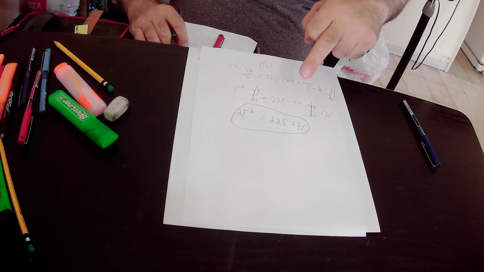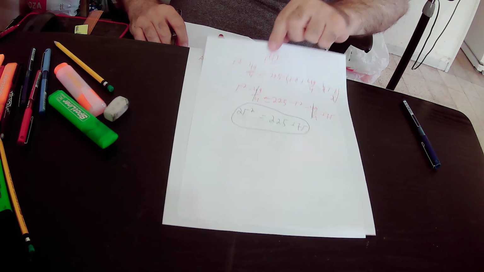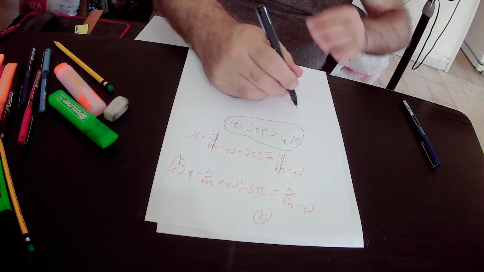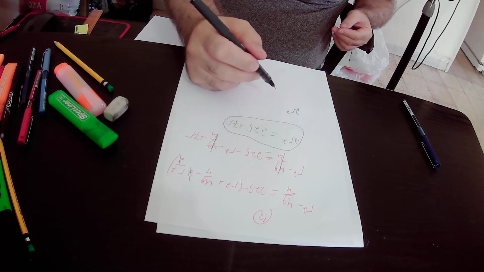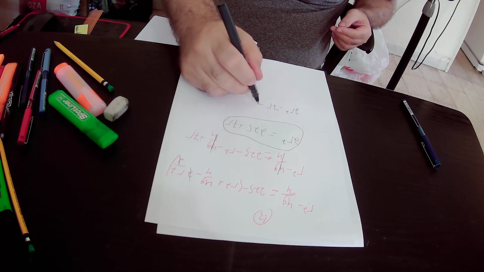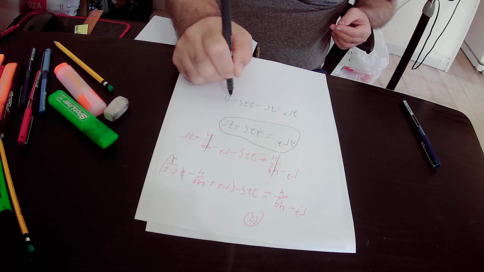Here we will subtract 225 and also 7r from this equality, and we will get the quadratic equation 2r squared minus 7r minus 225 equals 0.